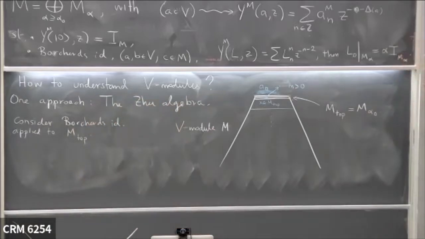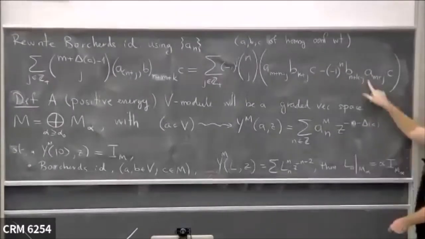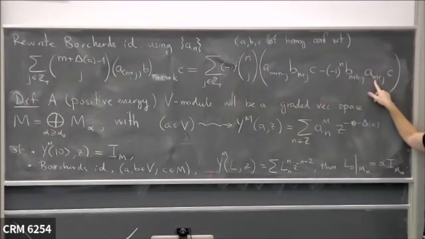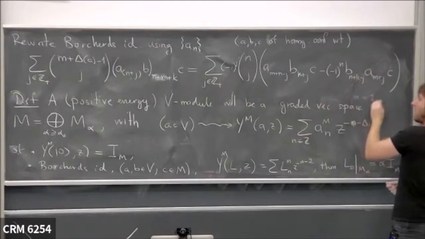In this identity, if I take m equal to 1, for example, then I get a bunch of terms like A1, and then as j increases, A2, 3, 4, and so on, all of these terms are going to annihilate my vector. So this term would vanish. But here I have to take m equals 1.